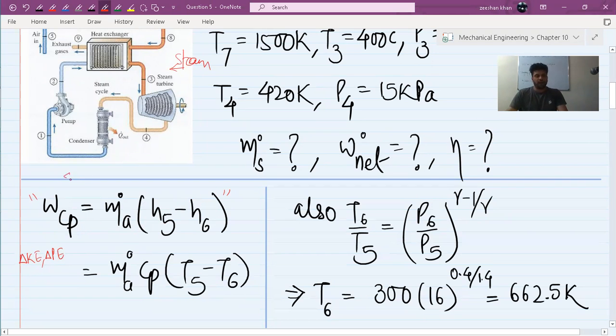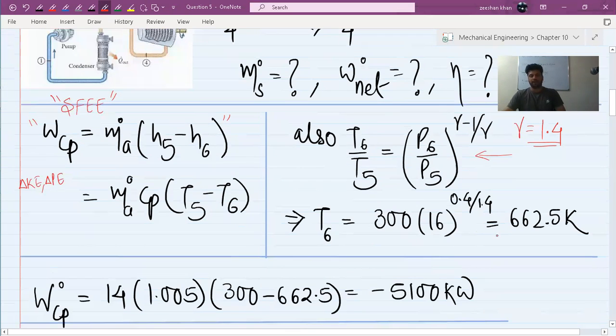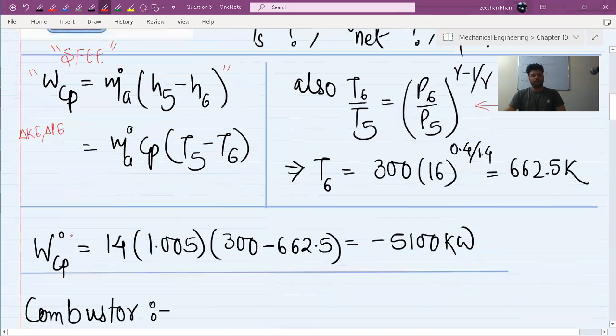We are actually using the steady flow energy equation, and after ignoring all the quantities which are not relevant, we come to the amount of work done being equal to this much. Also, this is the isentropic relationship, T6 by T5, where gamma is the adiabatic constant for air, which is 1.4. Using all of that, I get the temperature T6. That helps me calculate the amount of work done in the compressor, which comes out to be negative.